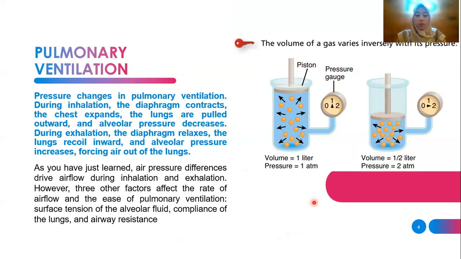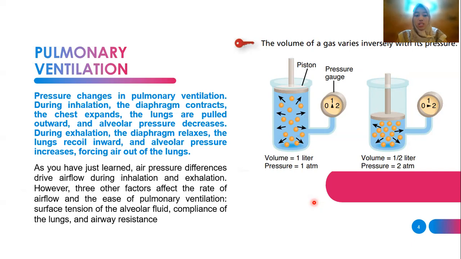Pulmonary ventilation, or breathing, consists of inhalation and exhalation. The movement of air into and out of the lungs depends on pressure change, governed in part by Boyle's law, which states that the volume of gas varies inversely with pressure, assuming that temperature remains constant.